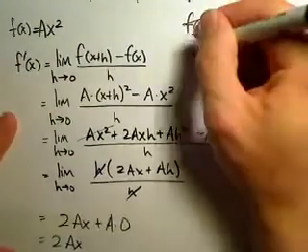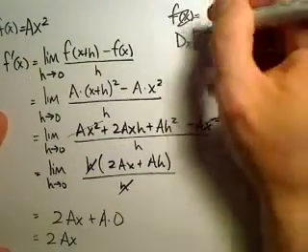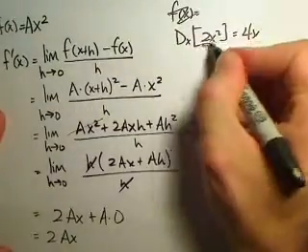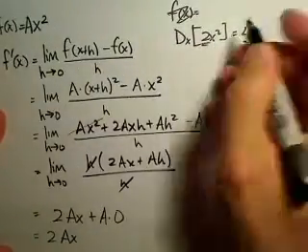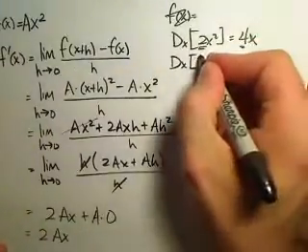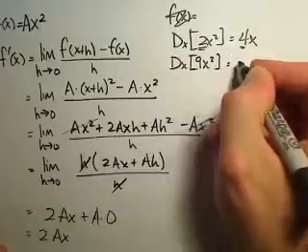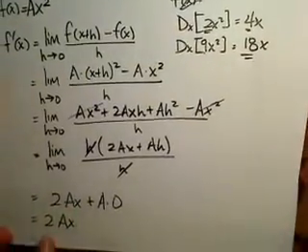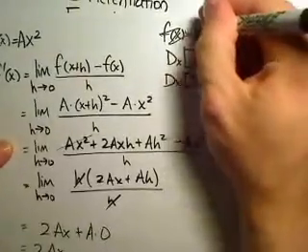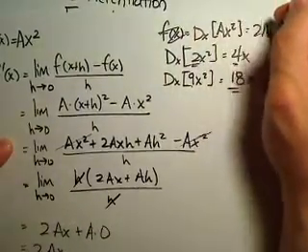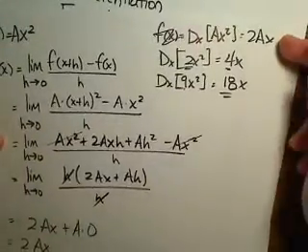Let's say the derivative of 2x squared is going to be 4x, because you just take that 2 and you double it and multiply it by an x. The derivative of 9x squared is going to be 18x. You just take that 9 and double it and multiply it by x. That's what this idea of the derivative of ax squared equals 2ax is telling us.